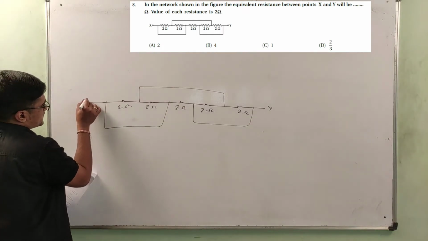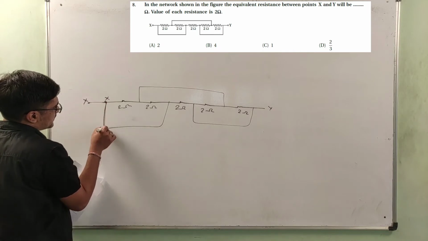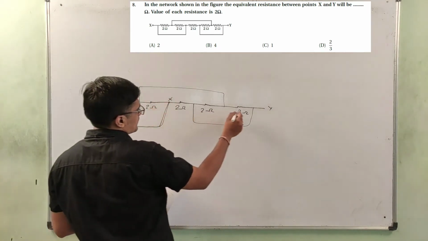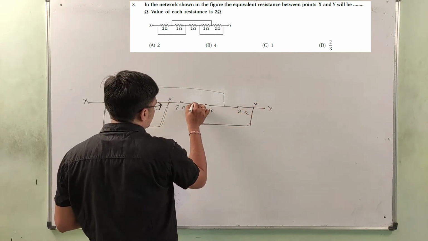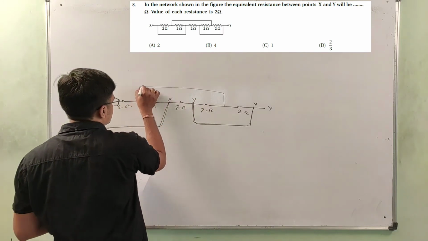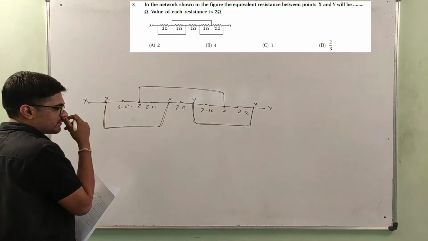This point is X, so this point is also X because a wire is connected between them, and this point also becomes X. This point is Y, so this point is also Y, and this point is also Y because a wire is connected between them. Consider this point as Z, so this point is also Z because both are connected with wire.